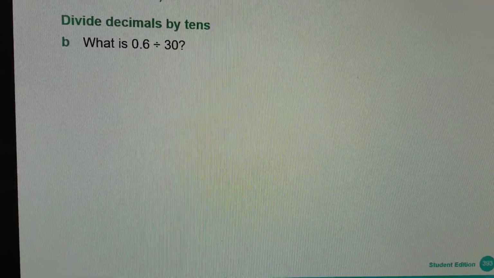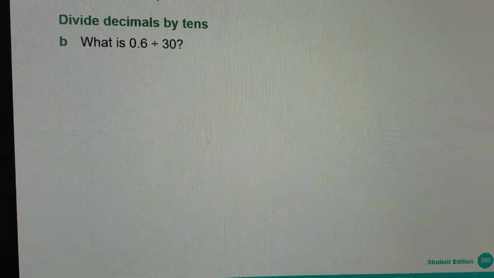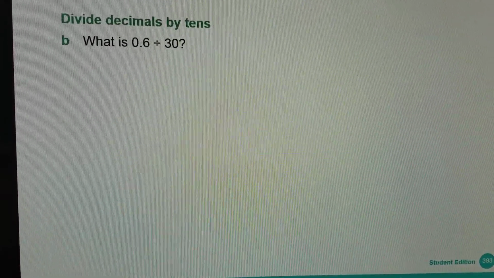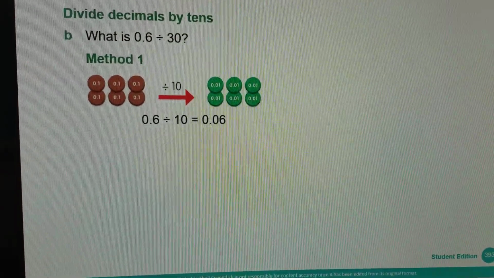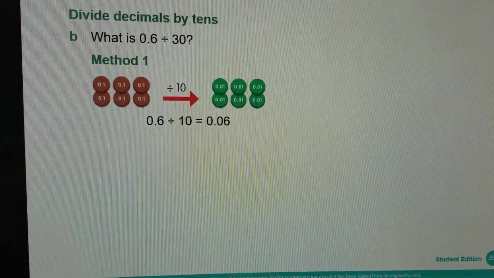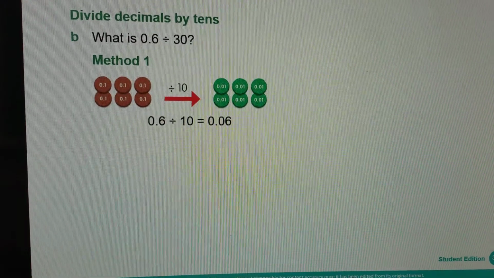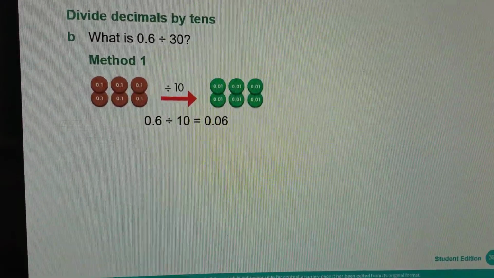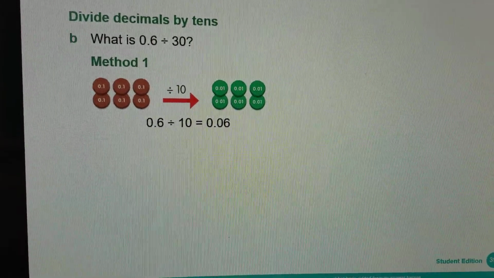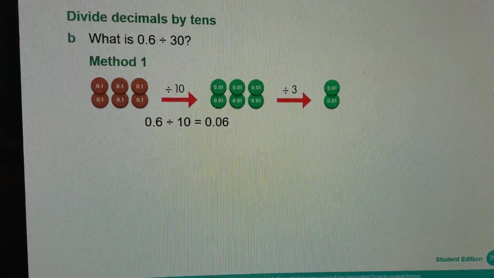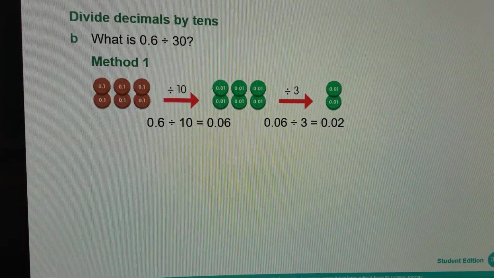Okay, 0.6 divided by 30, so we're dividing by 10, then dividing by 3. 0.6 divided by 10 becomes 0.06, right? Move the decimal place over, it gets 10 times smaller. Then we're dividing 0.06 by 3. So it becomes 0.02.